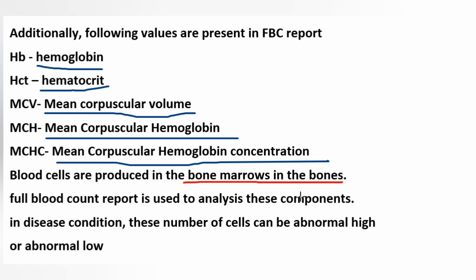The blood cells are produced in the bone marrow in the bone. The full blood count report is used to analyze these components.